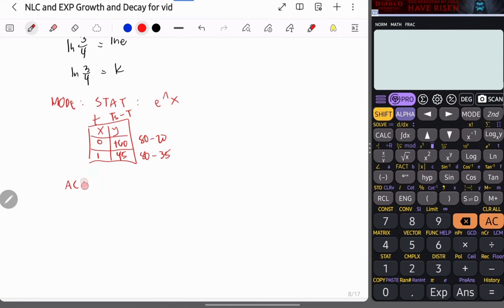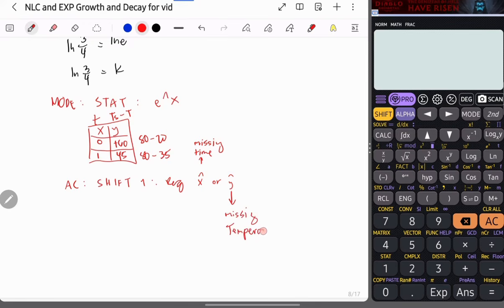Then AC, shift 1, and choose regression. Then you choose between X bar or Y bar. When the missing is time, choose X bar. When missing is temperature, you choose Y bar.